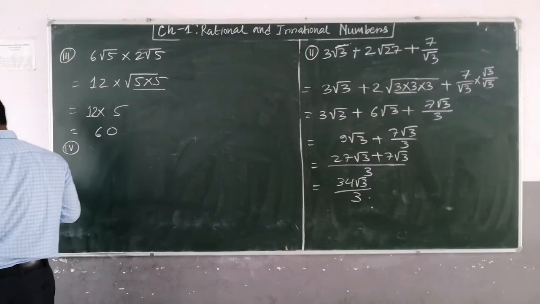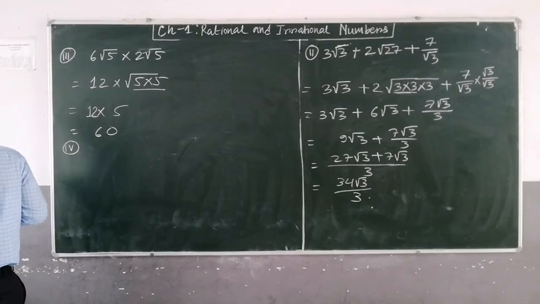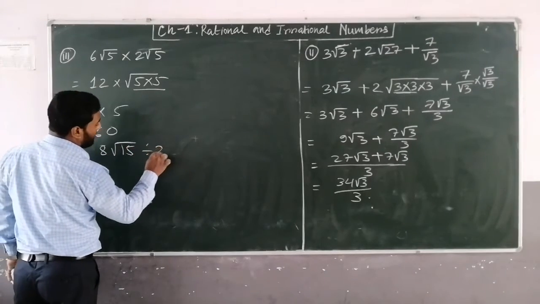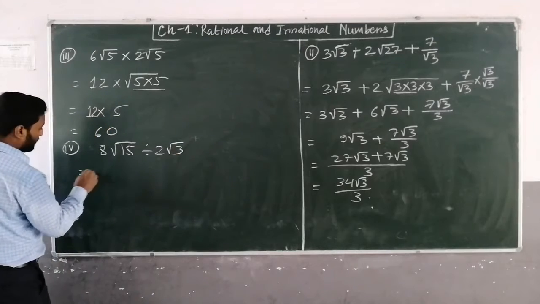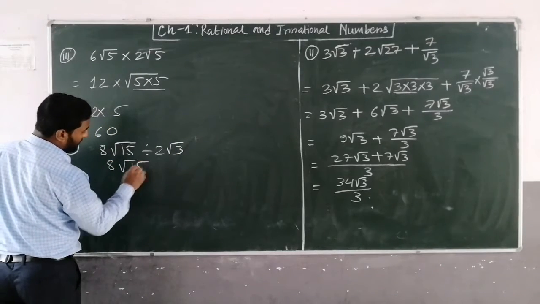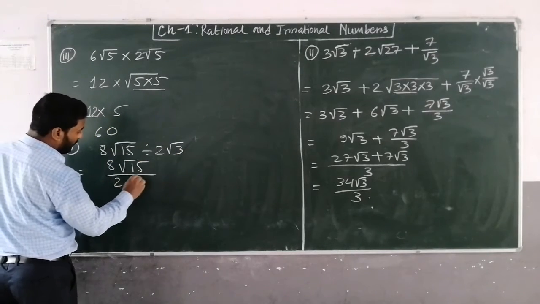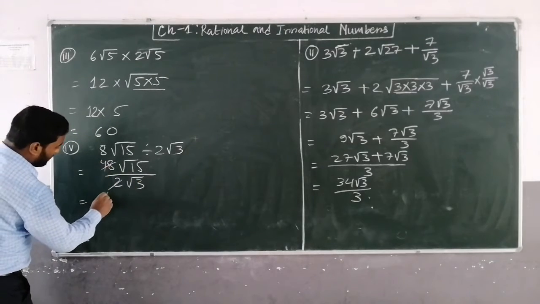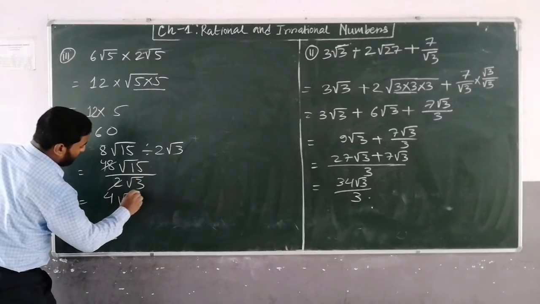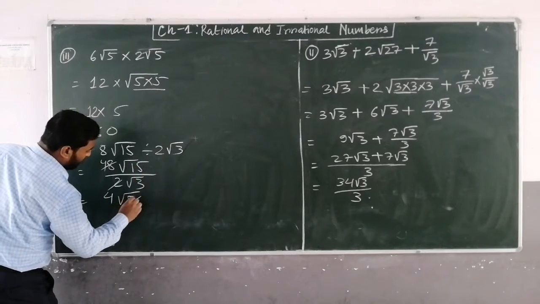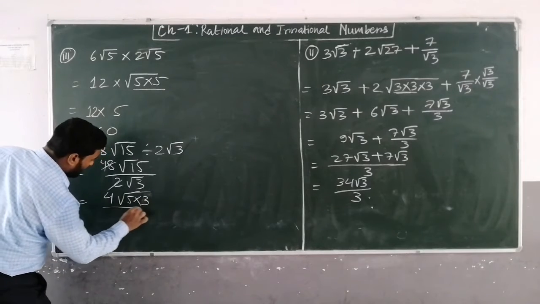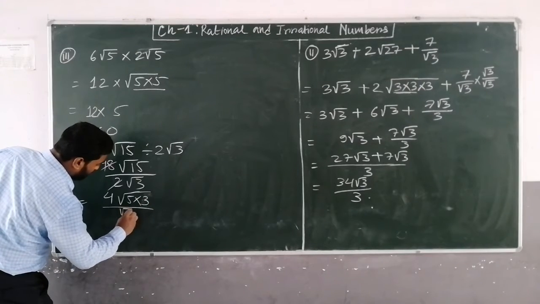Now come to the fourth part. In the fourth part it is given that 8 root 15 divided by 2 root 3. So it is 8 root 15 divided by 2 root 3. Okay, 8 divided by 2, this is cancelled out to 4. So 4, and root 15 can be written as root of 5 into 3, upon root 3.